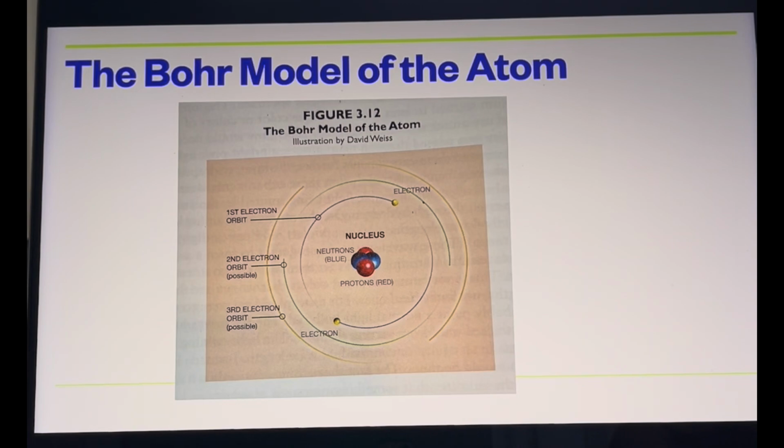Once he knew the energy necessary for the electron to jump from one orbit to the next, he could then determine the wavelength of light that the electrons must emit to de-excite. He found that the wavelengths he calculated were exactly equal to the wavelengths that chemists observed for de-exciting hydrogen atoms. This indicated that Bohr was on the right track, and his model for the atom quickly gained acceptance.